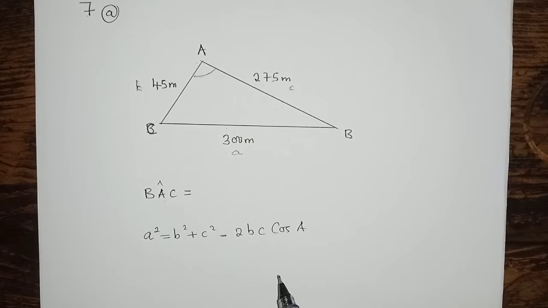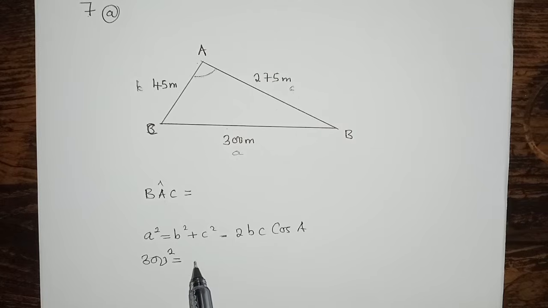So now, since we have those things, we can plug in our formula. So what is our a? It's 300. We put power 2 there. Our b is 45, c is 275.